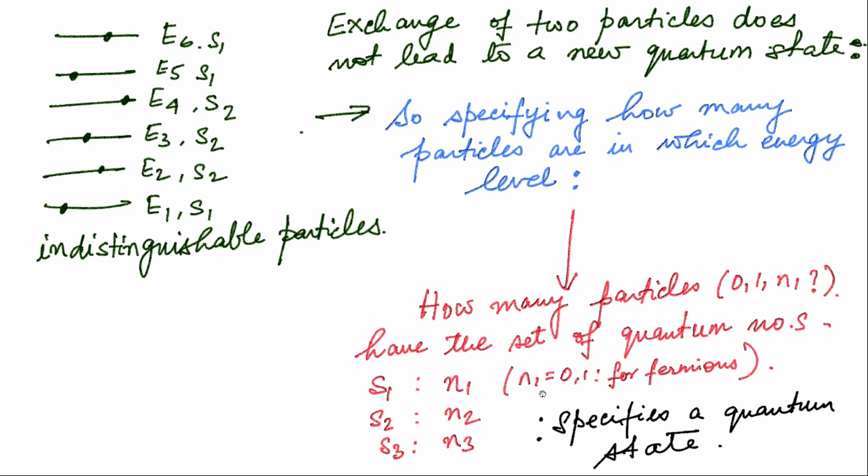Of course, for fermions, the number of particles can either be 0 or 1, but for bosons, it can be higher. So basically, this S1 actually corresponds to a set of quantum numbers which will specify the state of that particle.